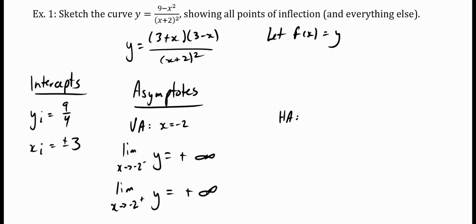And the horizontal asymptote. Who's got that? Where does the horizontal asymptote come from?